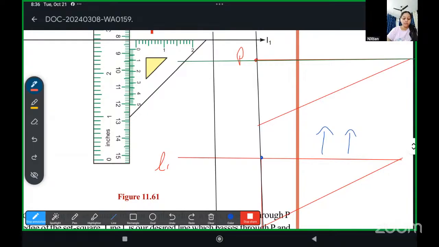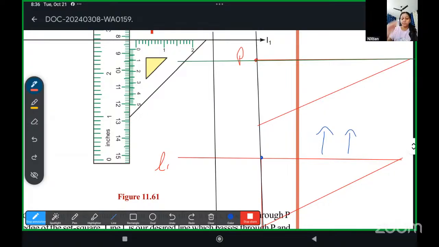Okay. So, I was teaching how to draw a parallel line using set square and ruler. So, the first step is you draw a straight line, Joshua.